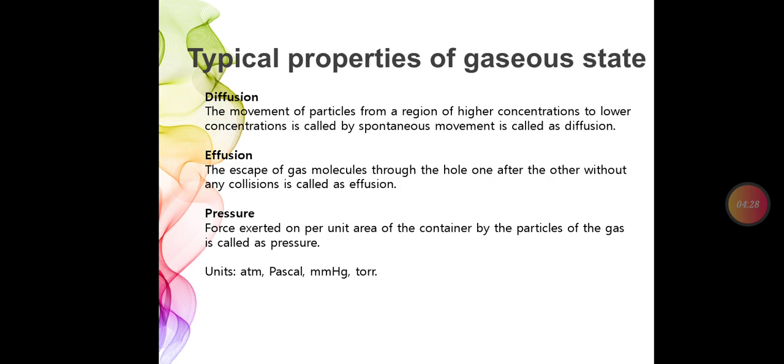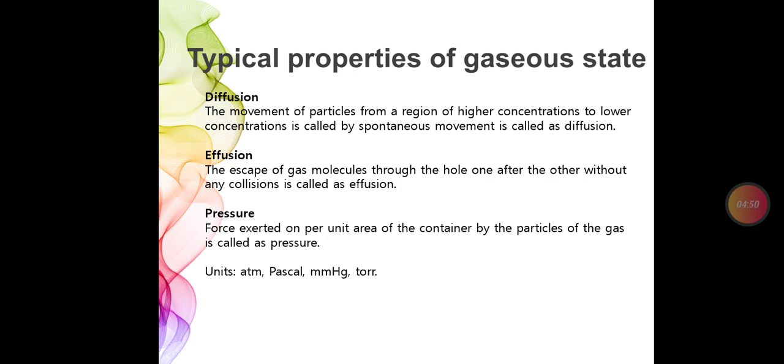This is because of the movement of those gas particles from one place to another, making them spread evenly throughout the room. This all happens due to the spontaneous or random movement of particles, and it is called diffusion.